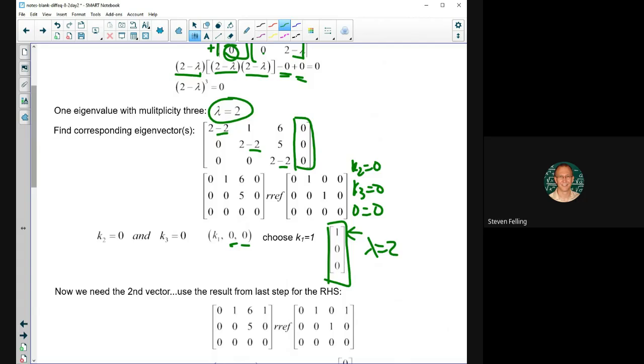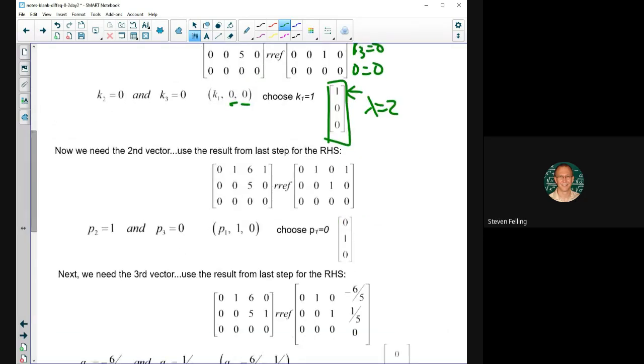Okay, to get the second vector, we're going to replace the right-hand side here with what we got before. Since we chose 1, 0, 0, we will redo the eigenvector calculation using the same first three columns, except with 1, 0, 0 for the right-hand side. When we do RREF, now we get that P2 is equal to 1 and P3 is equal to 0.